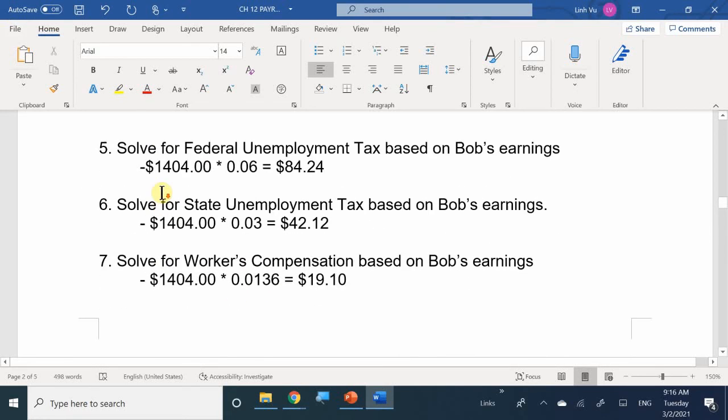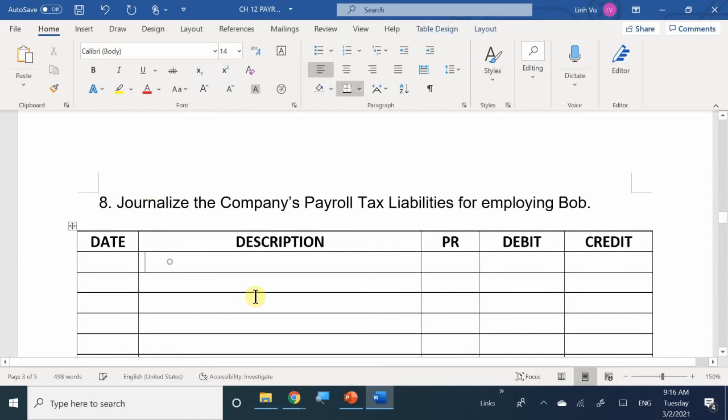Now let's solve how much taxes the company has to pay for having Bob as an employee. What is going to come first? Payroll tax expense. Everything else I'm going to owe to the government. What's the first thing I'm going to owe? FICA, in this case named Company FICA.